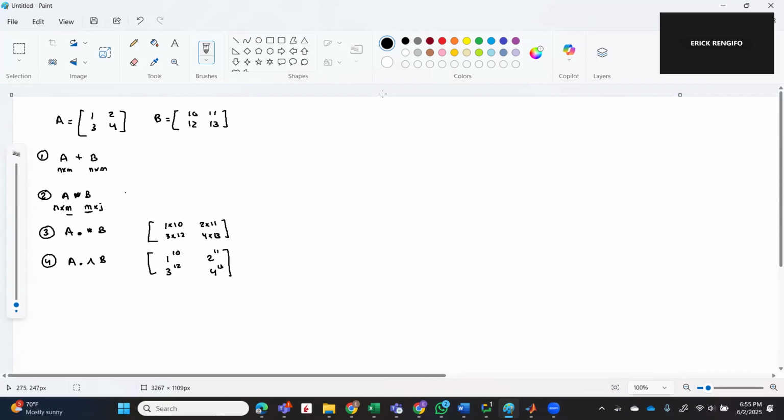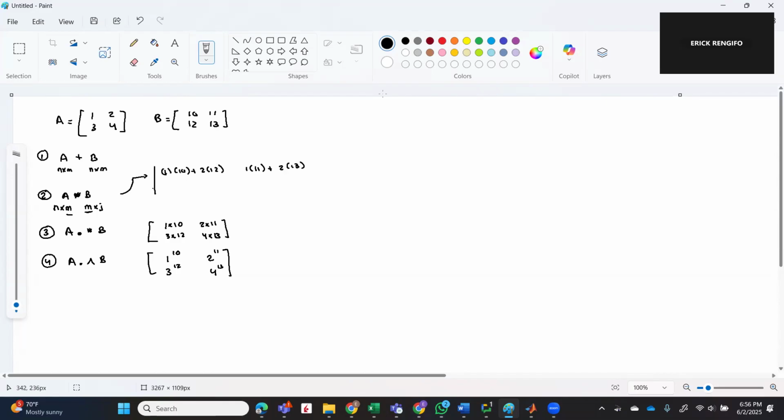Matrix multiplication, guys, is more complex than that, okay? So matrix multiplication is going to be 1 times 10 plus 2 times 12. The next one is going to be 1 times 11 plus 2 times 13.